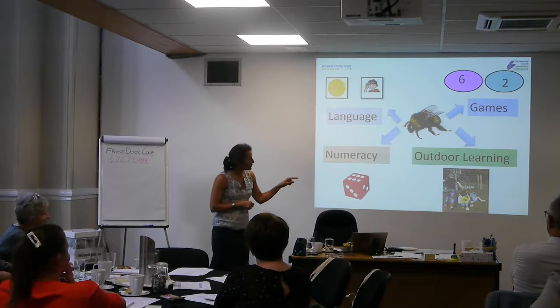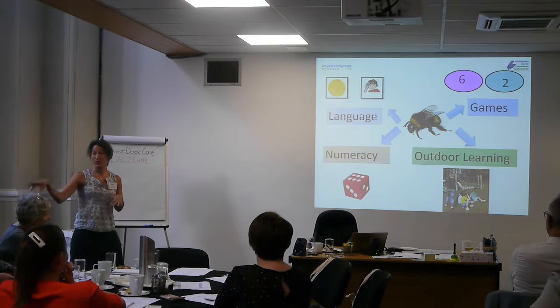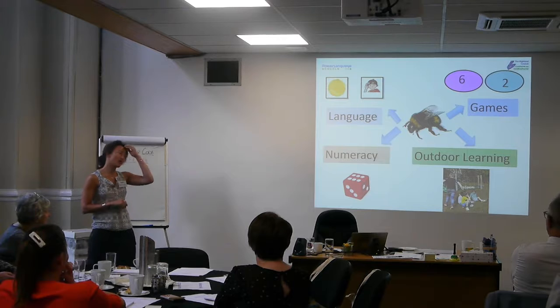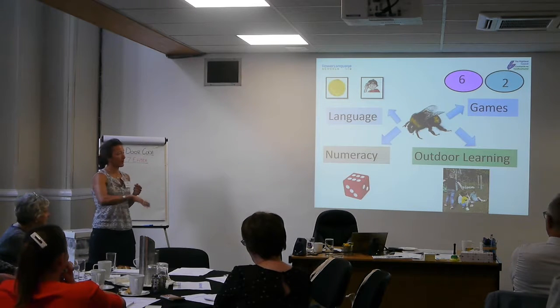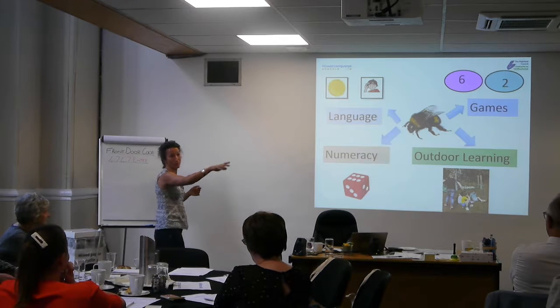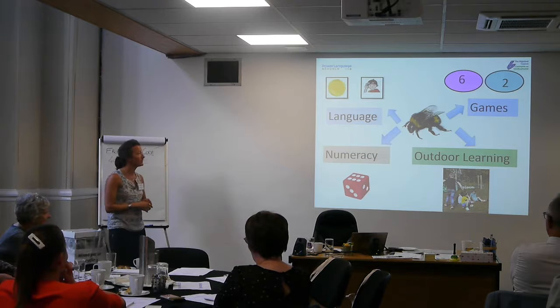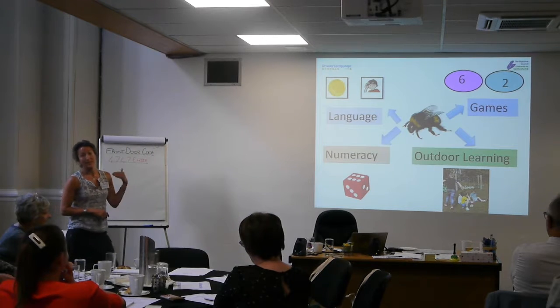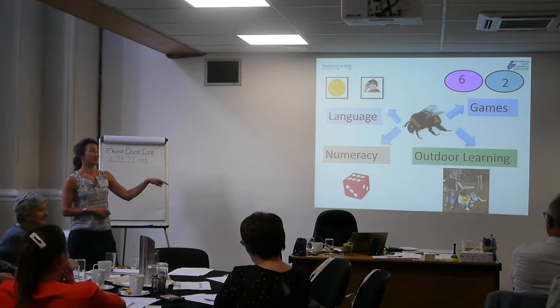Outdoor learning, we then went outside, and we played Duck, Duck, Goose, outside in English, and we just did it with numbers. 1, 1, 1, 1, 1, 2, and whoever then got a different number had to run round. And we took a video of that and we sent that to our partner school so that they knew how to play Duck, Duck, Goose. And then we did it in French.